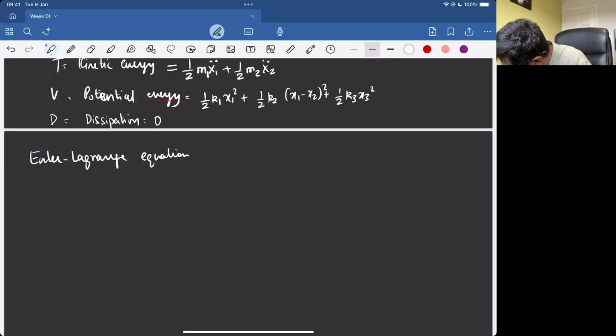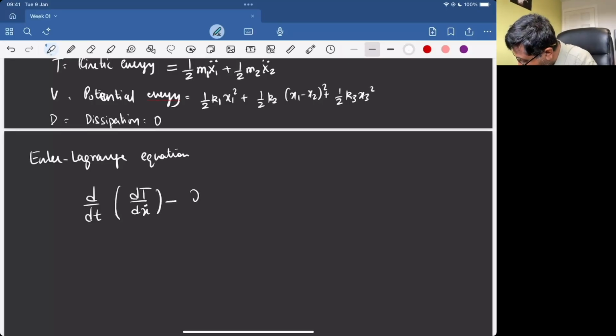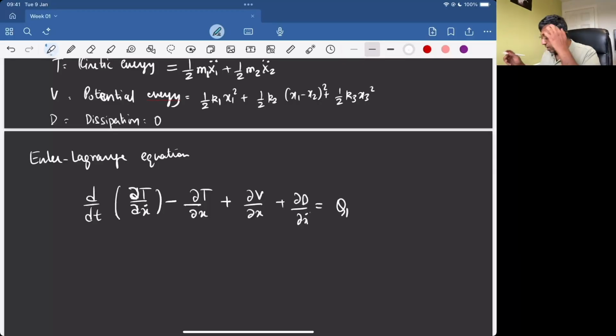This can be written as d by dt of dou T by dou x dot minus dou T by dou x plus dou V by dou x plus dou D by dou x dot equal to Q. So this is our equation.